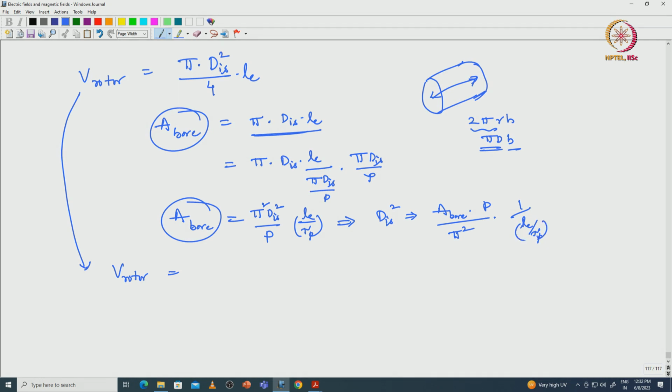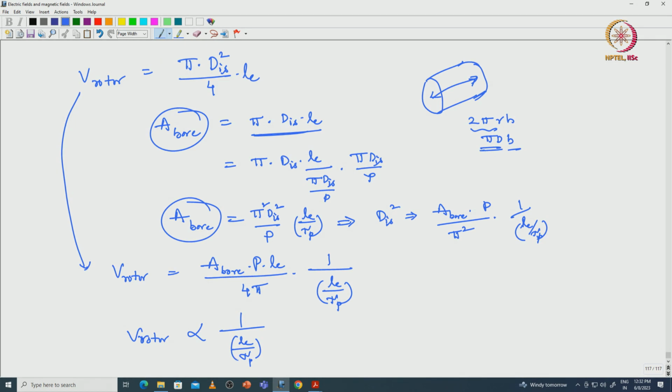So, substitute this in the above volume equation, then volume of the rotor is equivalent to area of the bore into number of poles and length of the core divided by 4 pi into 1 divided by aspect ratio. From here we can see that volume of the rotor is inversely proportional to the aspect ratio.